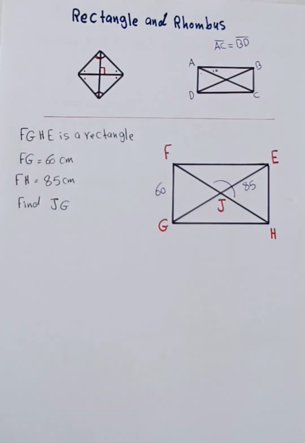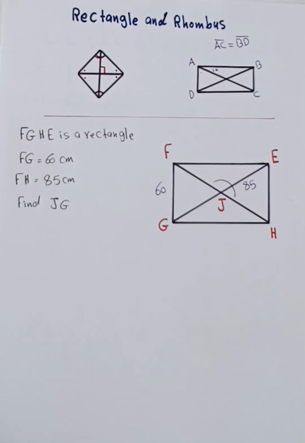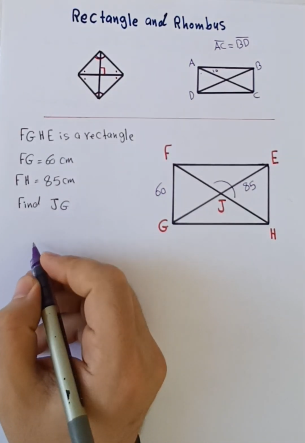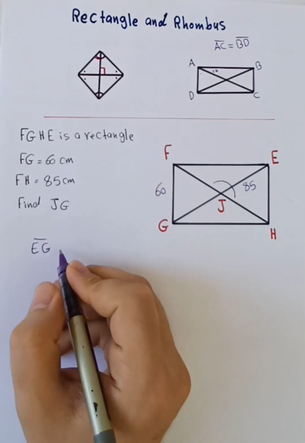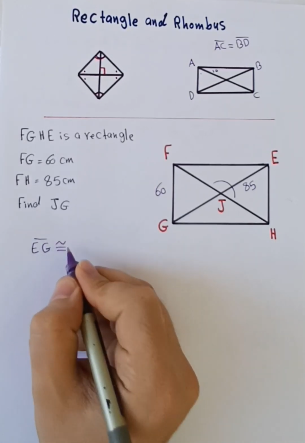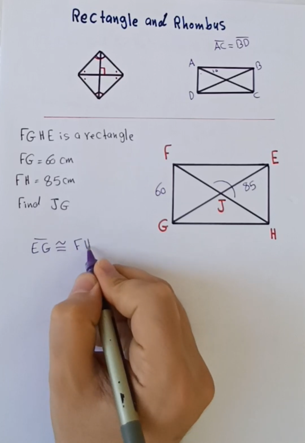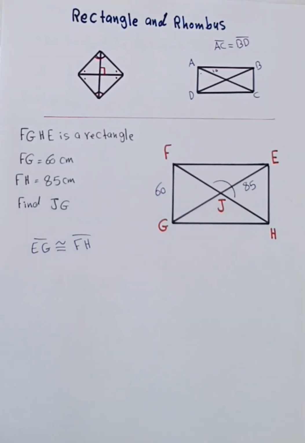We have to find the measure of JF. So we can say the line segment EG is congruent to the line segment FH.